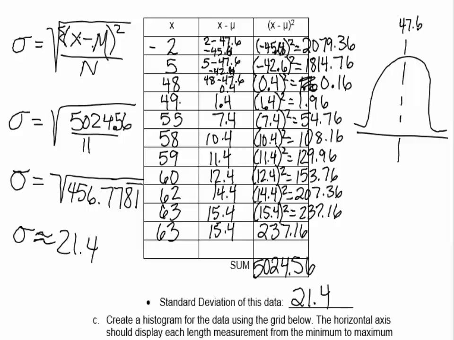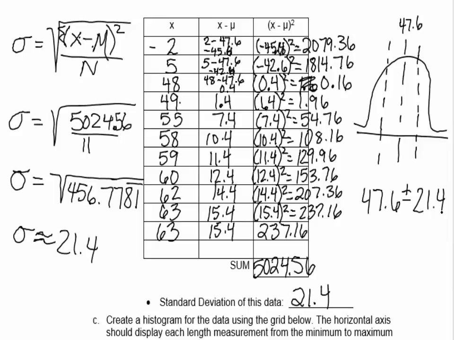One standard deviation from the mean means I would take my 47.6 and subtract my standard deviation to get the low end of this range, and then add 21.4 to get the high end. So I'm going to plus and minus the standard deviation to give me a range to see if I have any outliers.